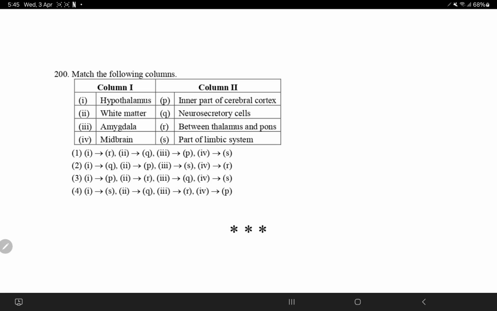Amygdala is yes. 1 is Q. Hypothalamus is neurosecretory. 2 is P, inner part of cerebral cortex. 3 is yes, a part of limbic system, amygdala. Midbrain between thalamus and pons. Right. So option 2.